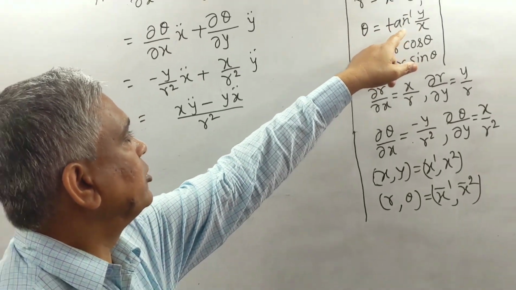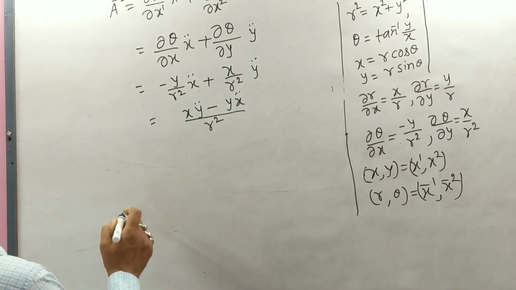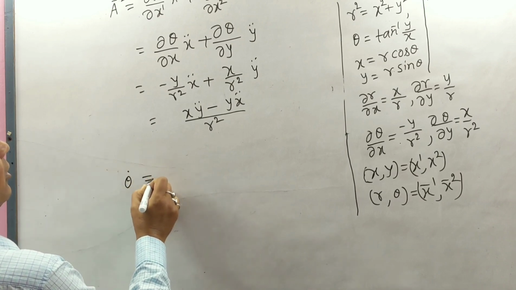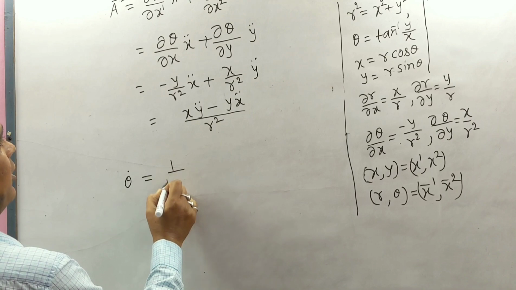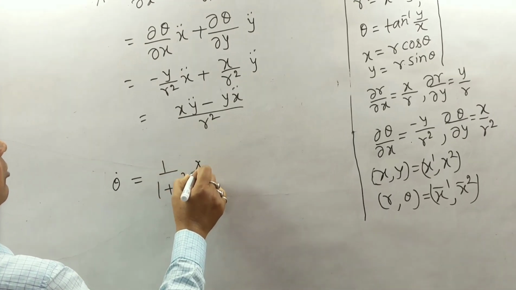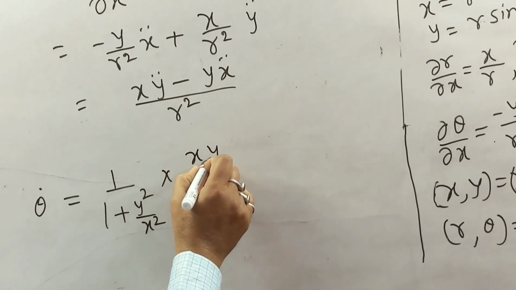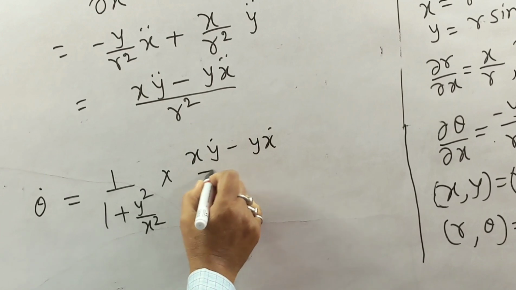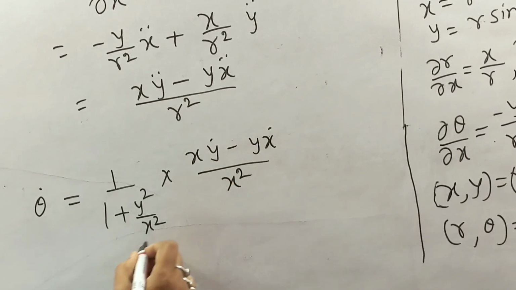Differentiating both sides with respect to t, we get theta dot equal to 1 by 1 plus y square by x square into x y dot minus y x dot by x square.